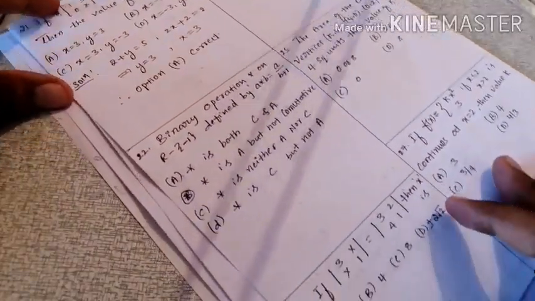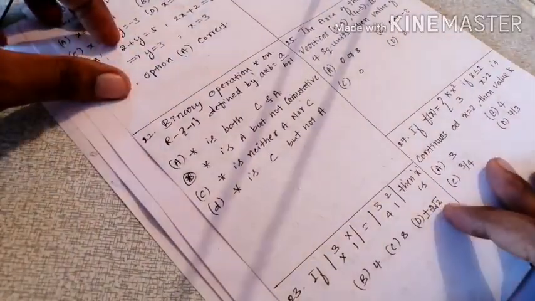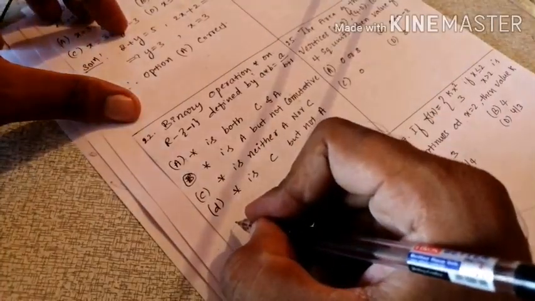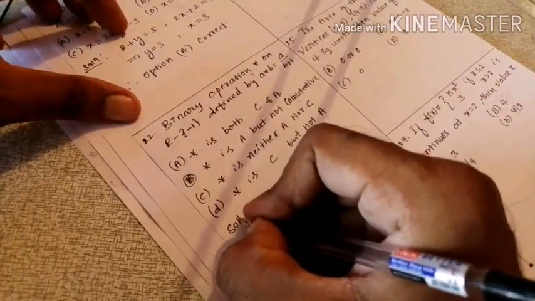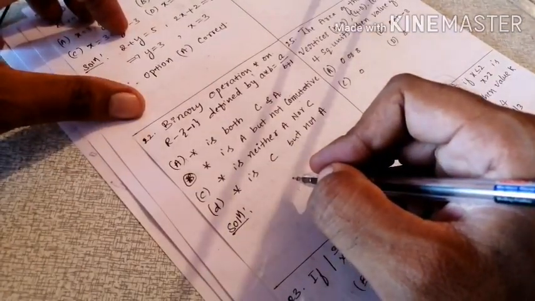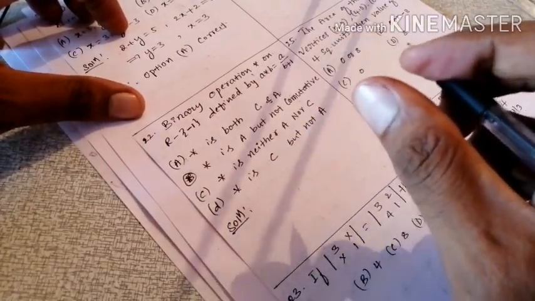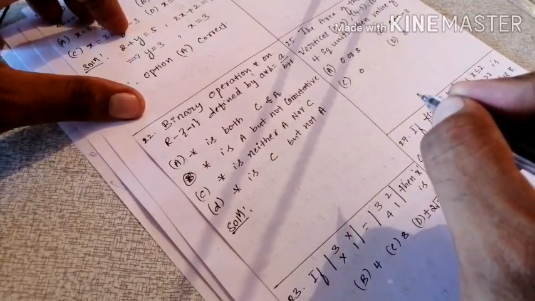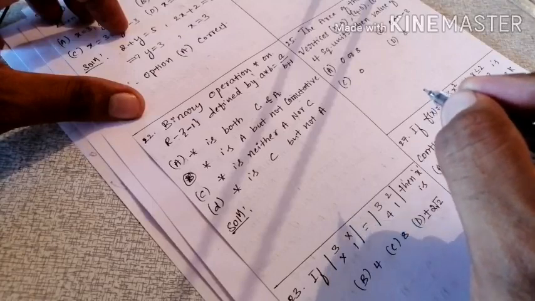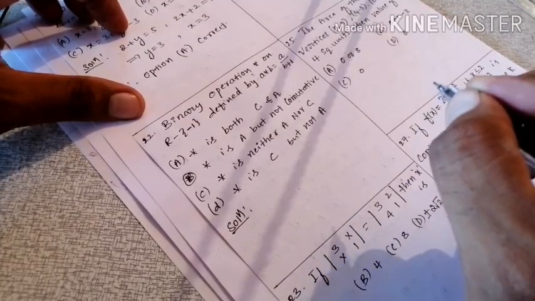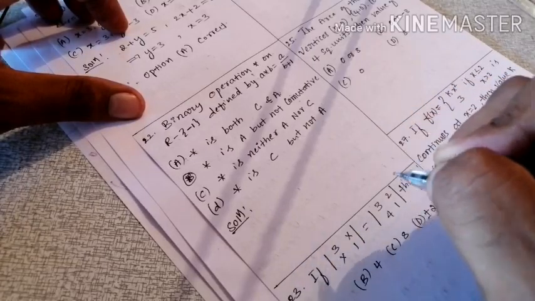Binary operation. A star B is equal to A by B plus 1. Here I am giving a shortcut method. Everyone, if possible, remember this. In binary operations, if a given binary operation is in the form of division, which means A by B, P by Q, like this form, it is always not commutative and not associative, which we can prove theoretically, but this shortcut idea you can use.